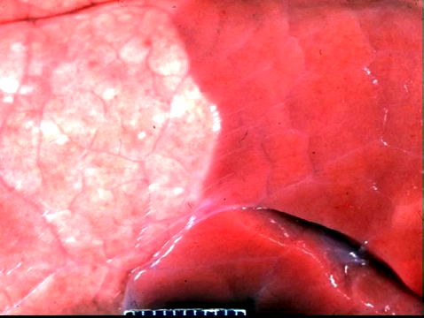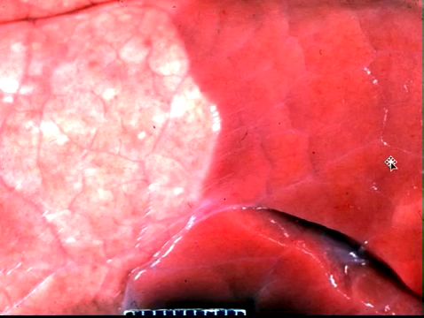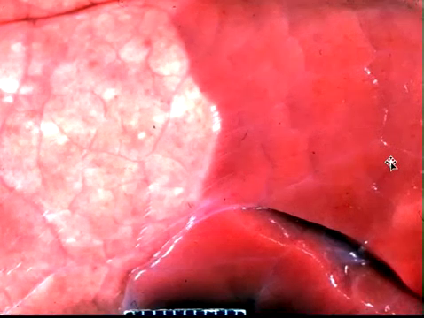And the thing that you should pick up, we're looking at the cranioventral lung here, and there is a very distinct line of demarcation. The lung behind it looks pretty good, and everything in front of this is collapsed, atelectatic, and probably consolidated by inflammation.